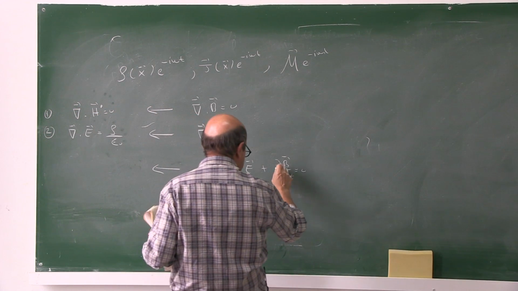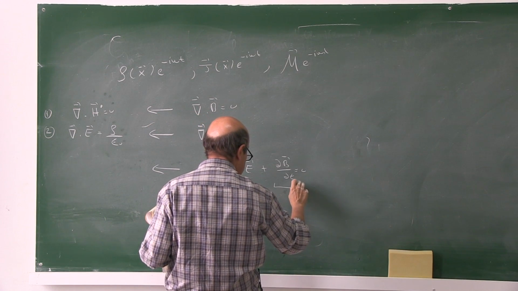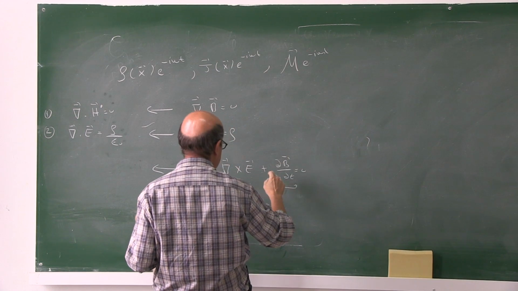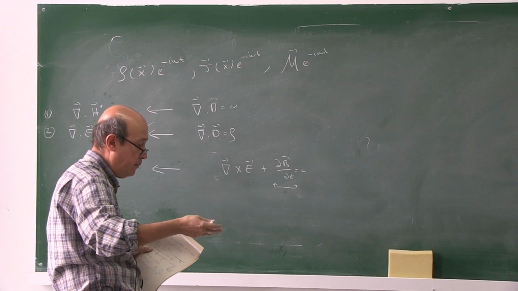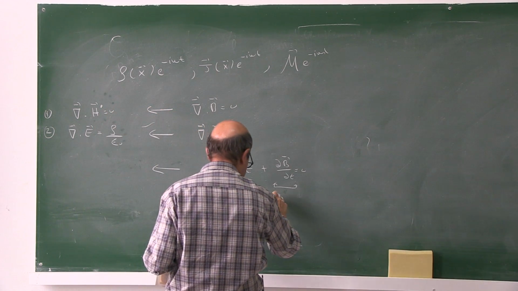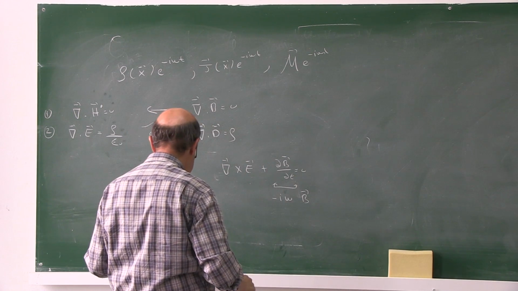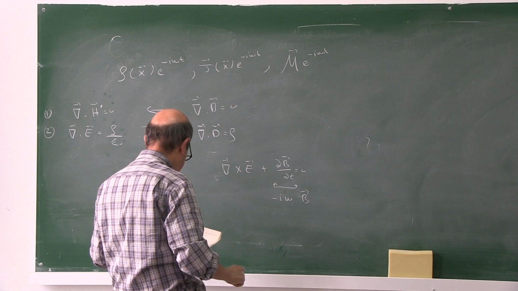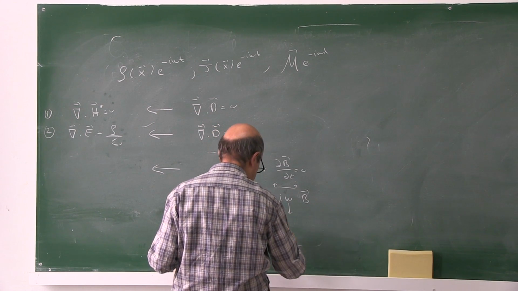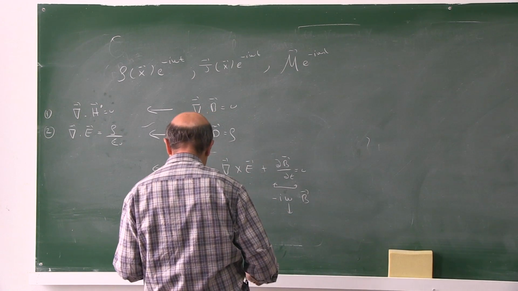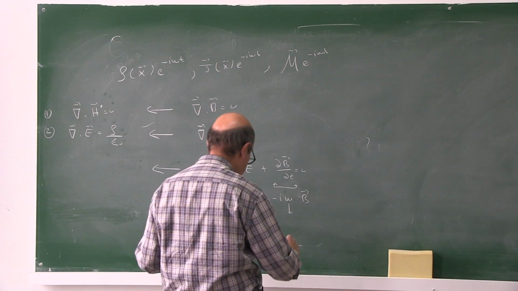So let us put this in the form which I wanted. If you put the oscillatory term, if you say that the field is oscillating as e to the minus i omega t, that is nothing but minus i omega B. What is omega? Omega is kc.